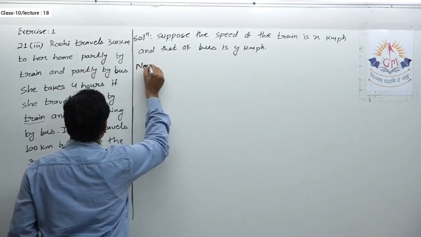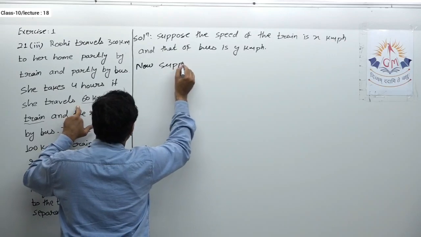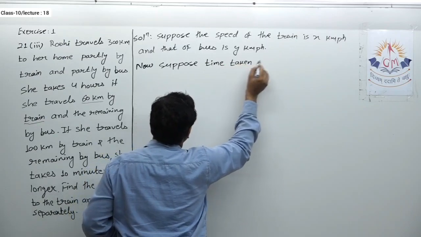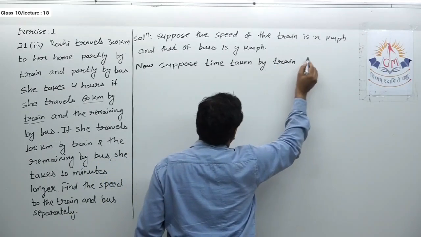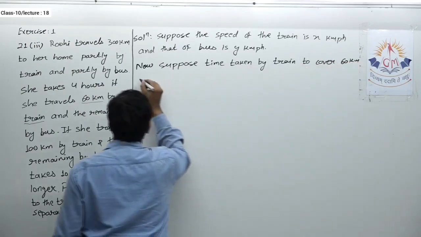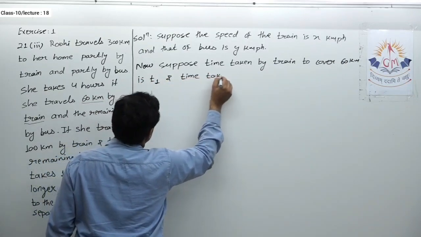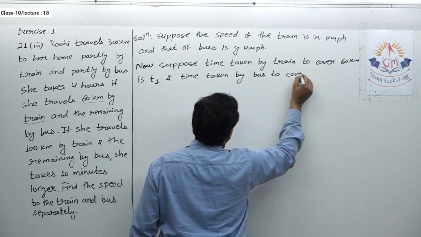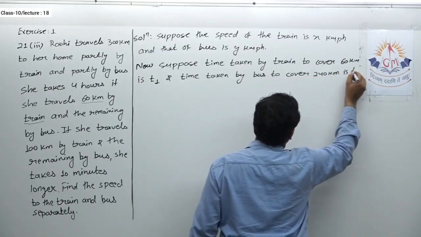Suppose the time taken by train to cover 60 kilometers is T1 and the time taken by bus to cover 240 kilometers is T2.